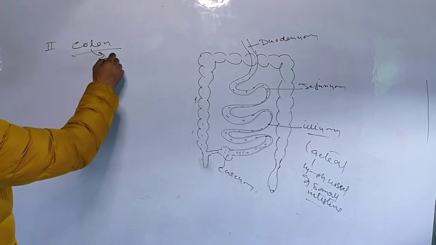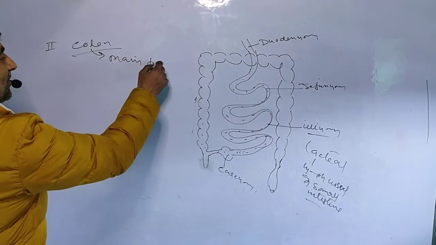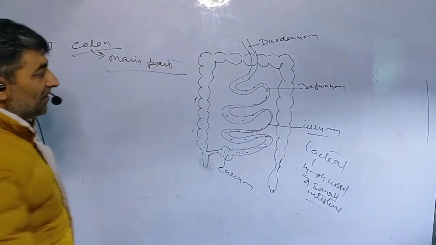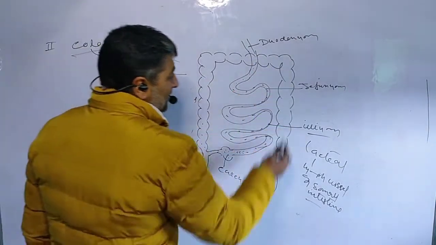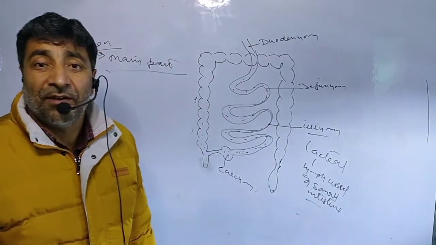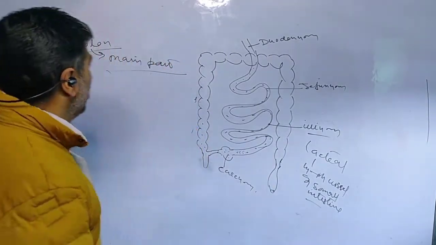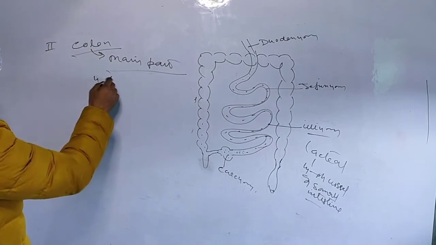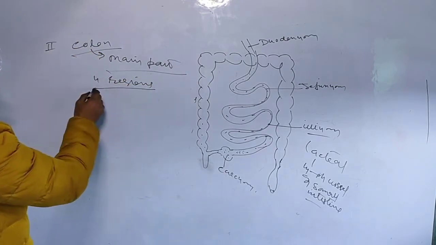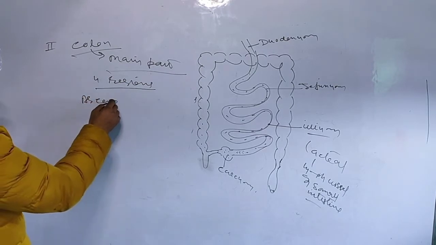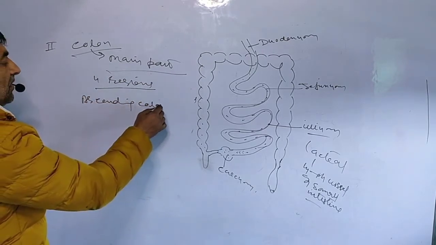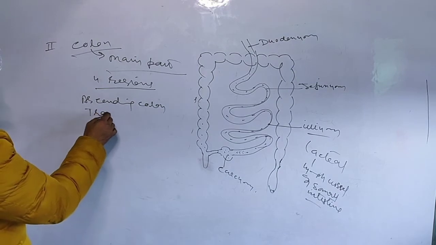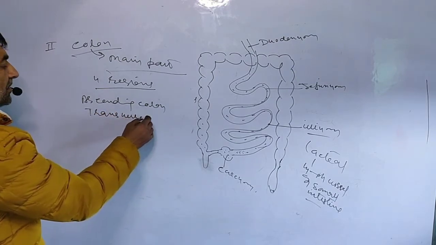Colon is the main part of the large intestine. Colon has 4 regions. Number first, ascending colon. Next, transverse colon.